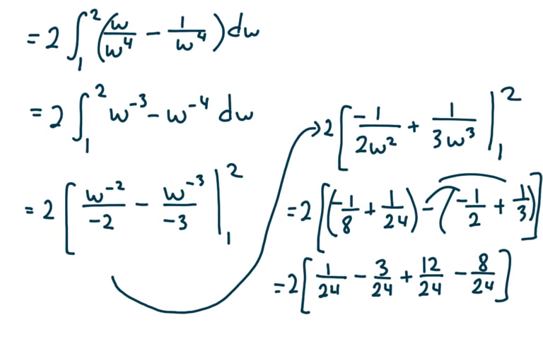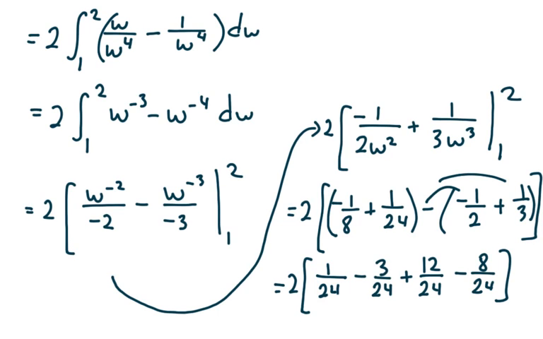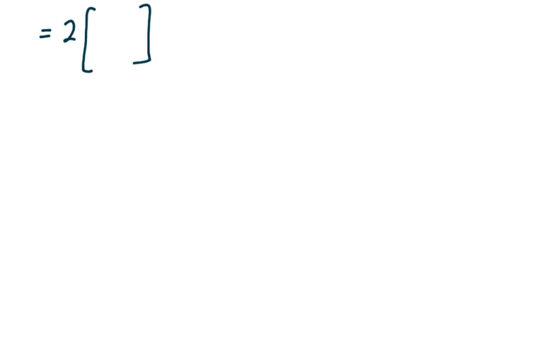Negative 2 plus 12 is 10. 10 minus 8 is 2. So this is equal to 2 times, now let's double check again. 1 minus 3 is negative 2. Negative 2 plus 12 is 10. 10 minus 8 is 2. So this is 2 times 2 over 24. And so this is 1/6. And that's the answer to problem number 79.